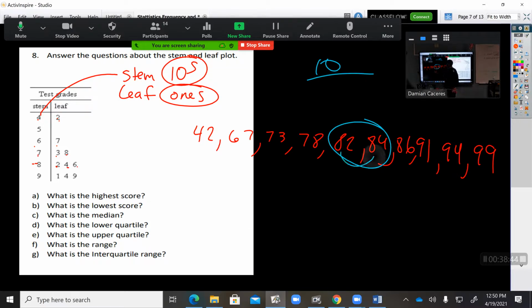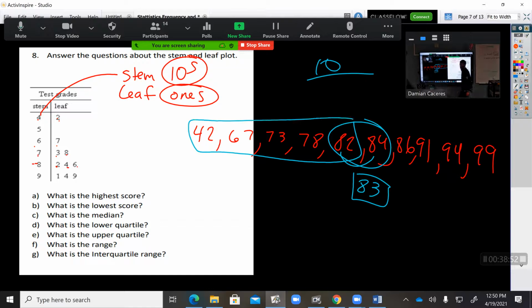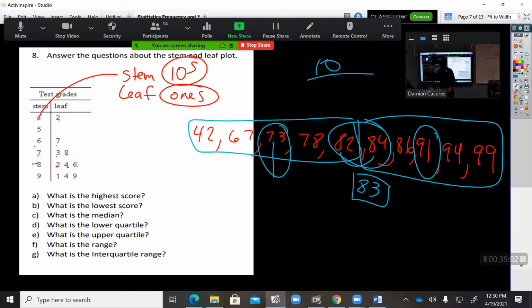If it's two numbers, you add them up and divide by 2, which gives you 83. Now, the left side is this part. What's in the middle of the left side? 73. What's in the middle of the right side? 91. With that alone, we can answer 90% of these questions right now.